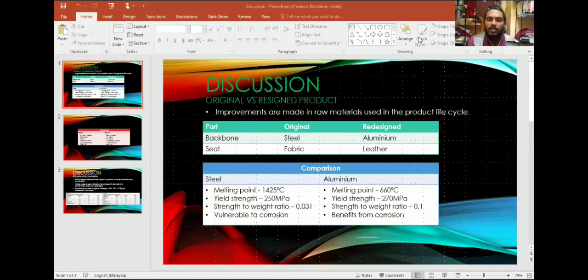How we get the strength to weight ratio is that we take the yield strength of steel and aluminum, then divide it by the density of the respective metal. For steel, you take the yield strength and divide it by the density, then you get 0.031. And for aluminum, you'll get 0.1.